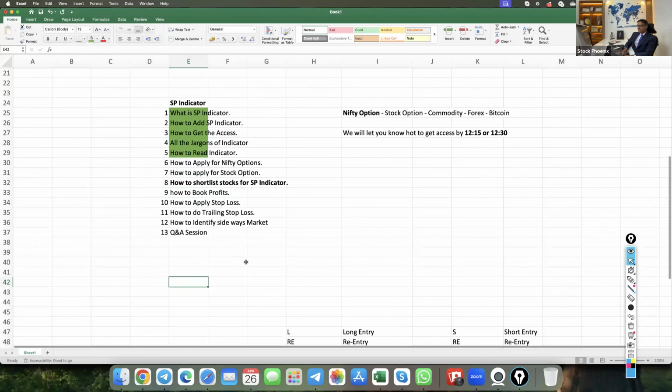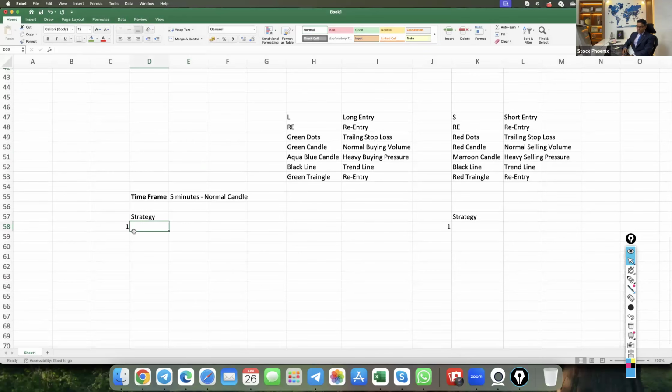Now, next is strategy. The first and foremost main condition is that the candle has to close above the black line for any valid long entry or re-entry.